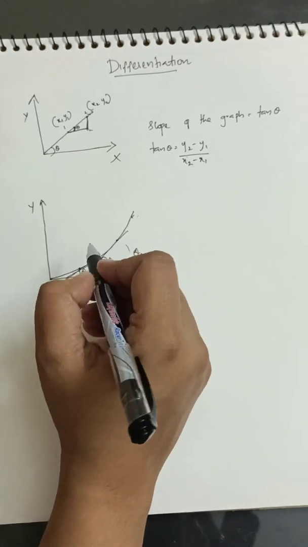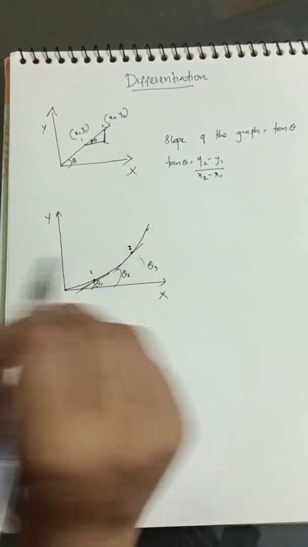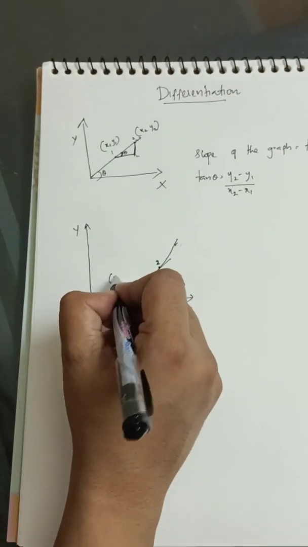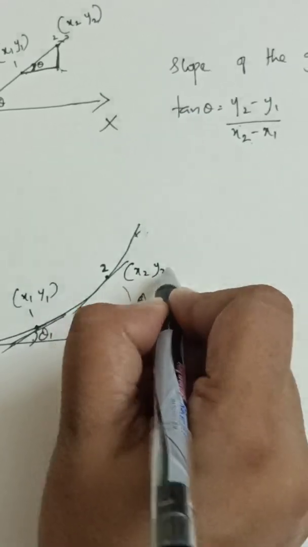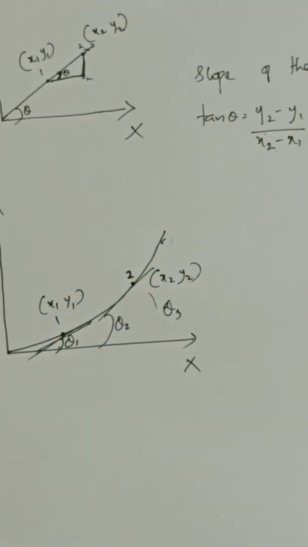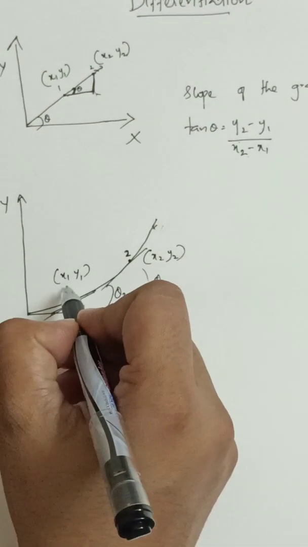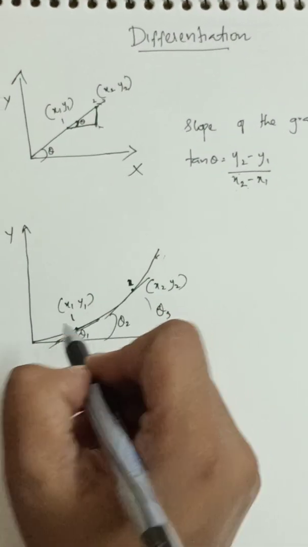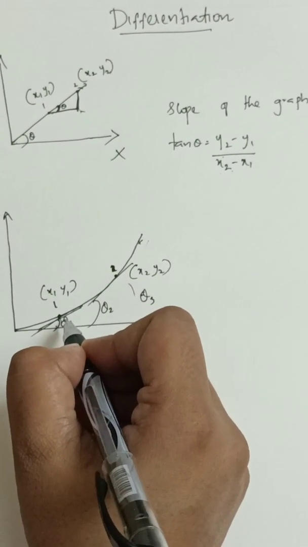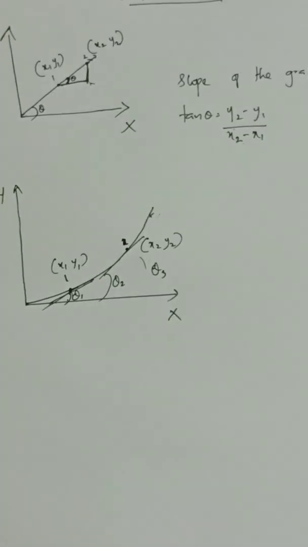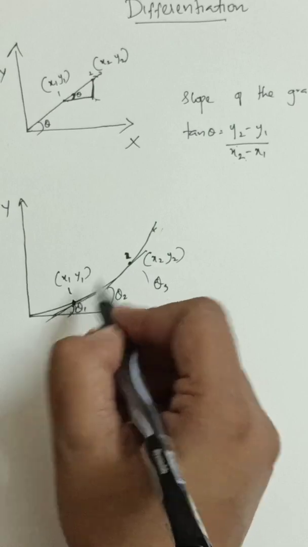As before, we take 2 points, 1 and 2. Here the coordinates are x1, y1, and here x2, y2. So we assume 1 and 2 are very, very close, and the angle will be approximately equal. Like theta 1 and theta 3 will be equal if 1 and 2 are very, very close.